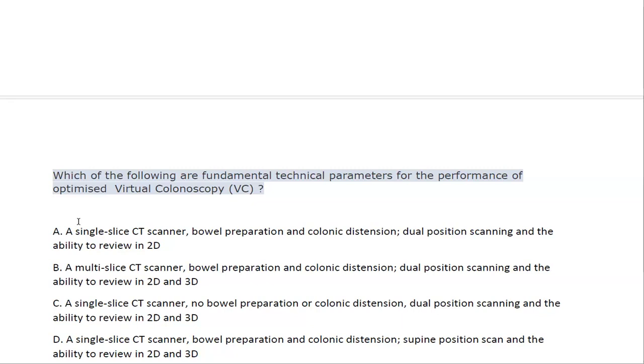B, multi-slice CT scanner, the same bowel preparation, colonic distension, dual position scanning, and the ability to review in 2D or 3D. C, then single slice, no bowel preparation. So what do you think? What is the correct answer?